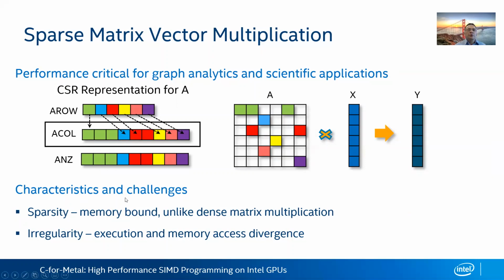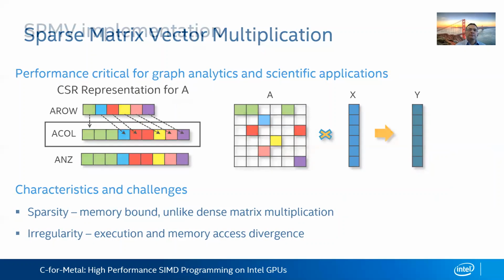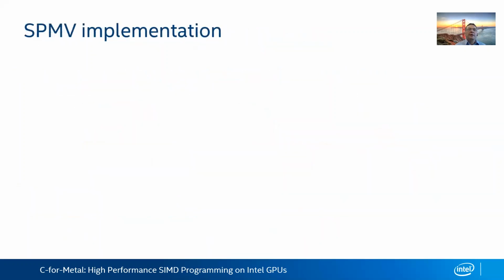The challenges of SPMV are the sparsity and the irregularity. The sparsity of the input matrix may vary. Also, the non-zero elements per row may also differ. Let's see how we handle this one case.